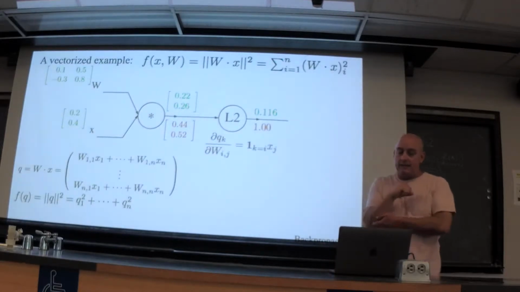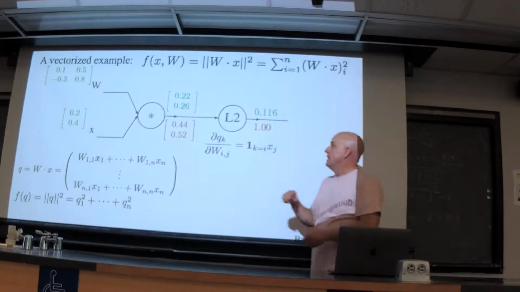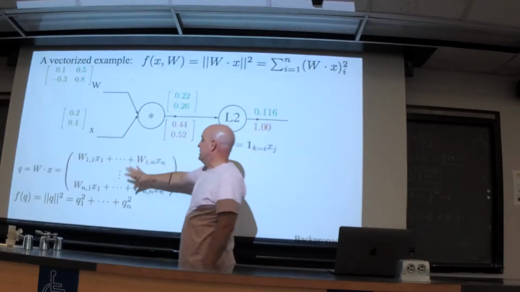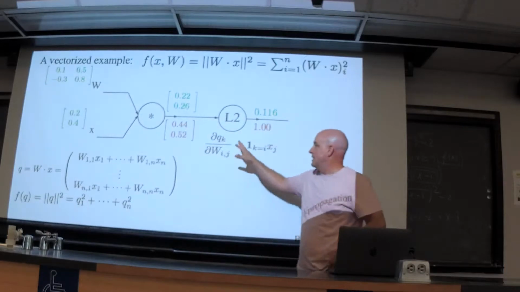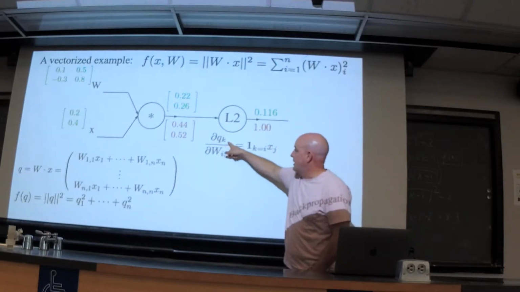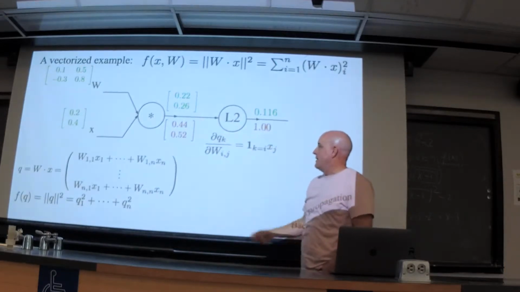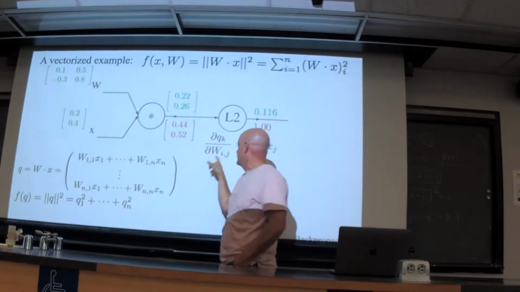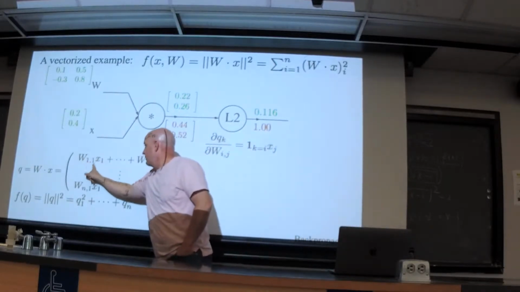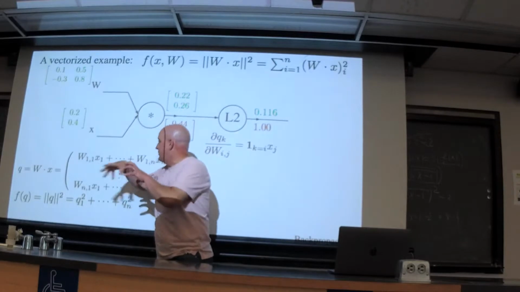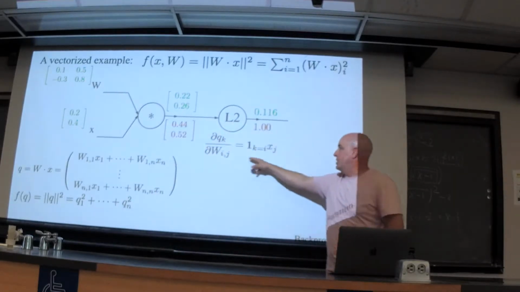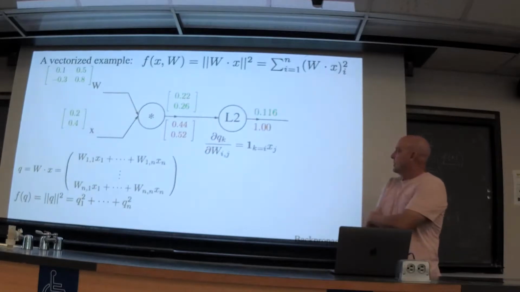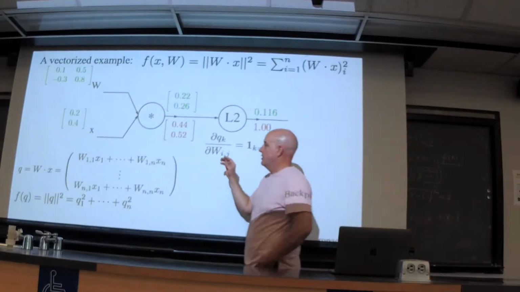Really not that big of a deal. So the output q is just this product. It's a vector. So if I look at each one of those entries, I can think about how the different entries of my matrix W change that output. So let's think about this.